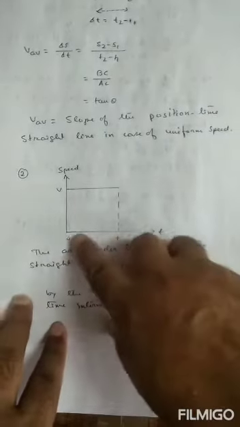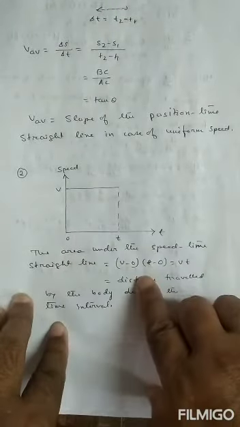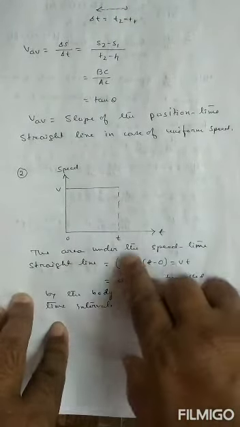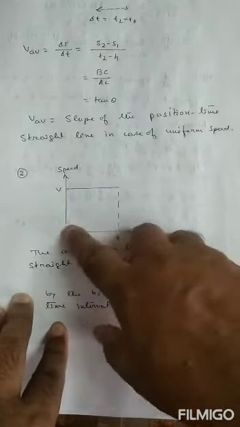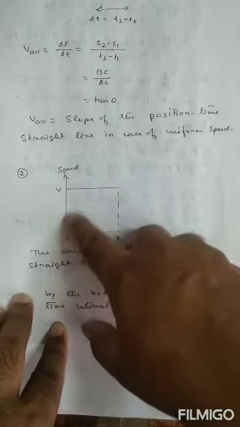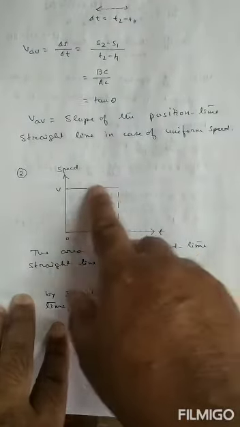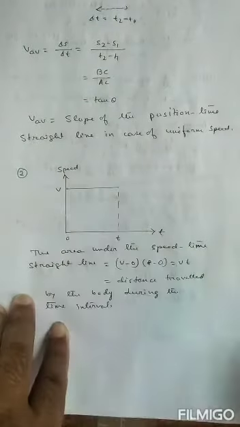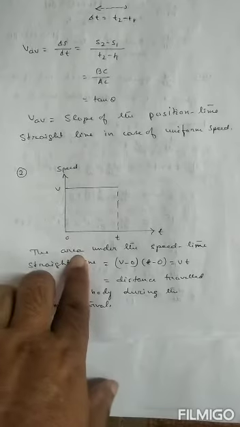Okay? Now what does the speed-time graph give us? So this is speed, this is time t, for uniform speed. From here to here, the time interval is t minus 0. From here to here, the interval is v minus 0. It is almost a rectangle, or you may take it as a square. What is the area? Area means length into breadth.